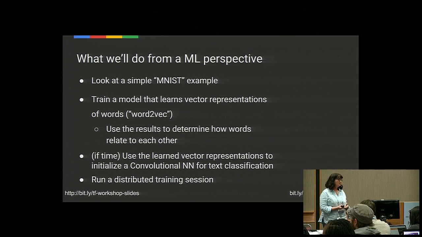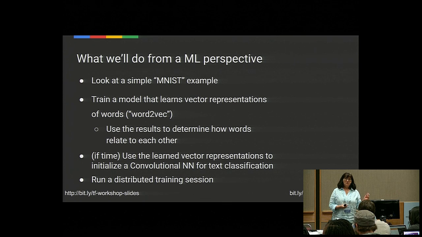And then we'll also look at building a word-to-vec model. So this is building a neural net to learn vector representations, word embeddings, for words. And we'll talk about what that means and what it's doing.